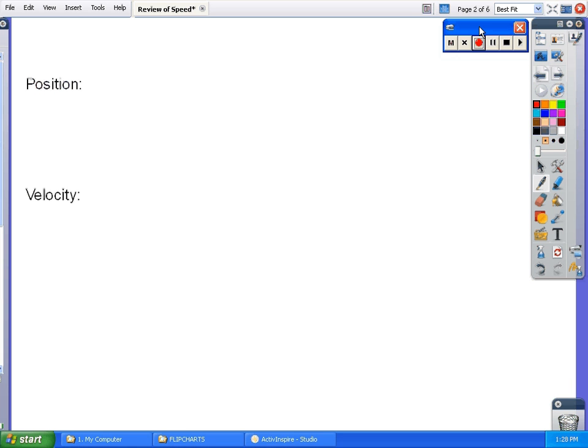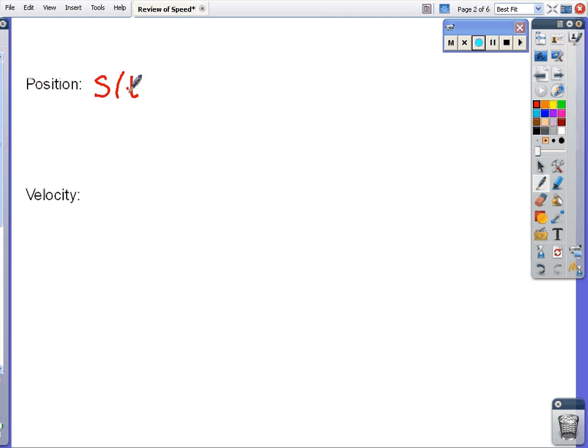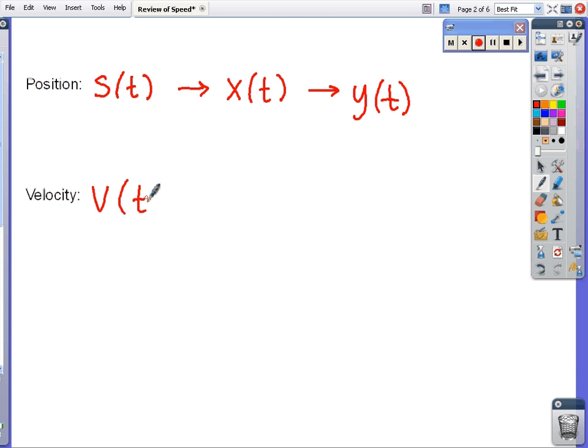So to start off, just remember that position, we usually will call position S sub t. Sometimes you'll see me call it x of t if it's horizontal motion, and other times y of t if it's vertical motion. Velocity is v of t, and that is the derivative of position.